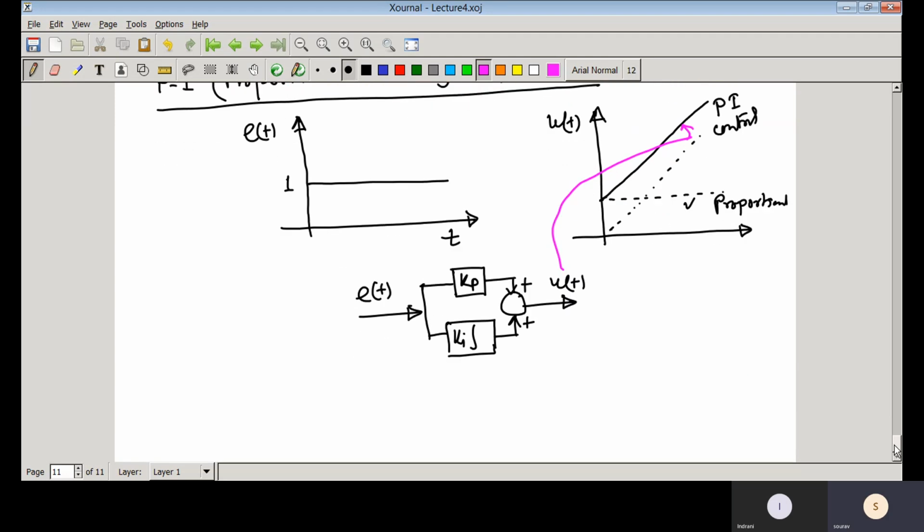So in control, we also use the different types of structure which is called the derivative control. So that derivative control actually works in anticipative manner. That means it can anticipate what would be that error it may face.